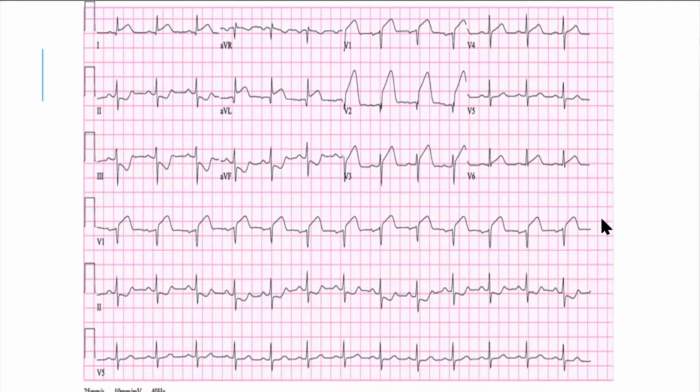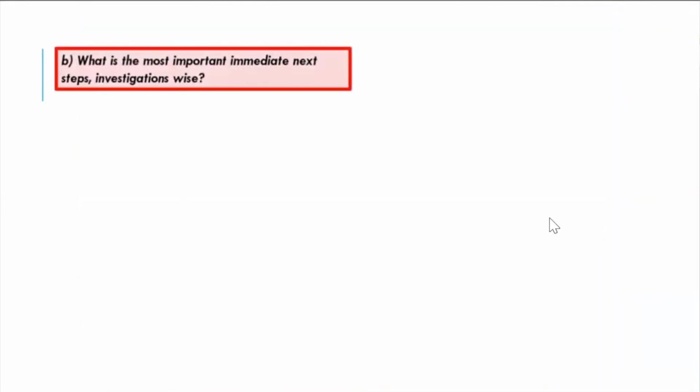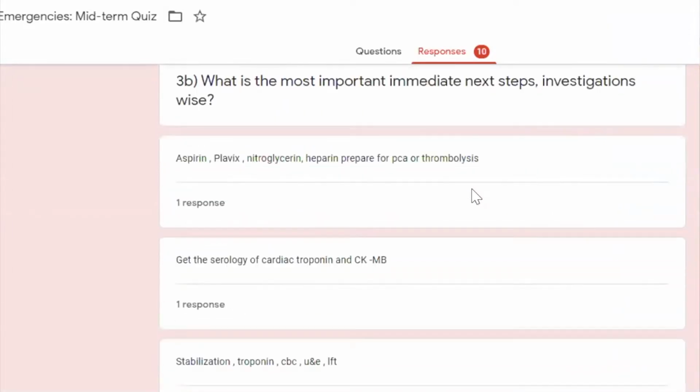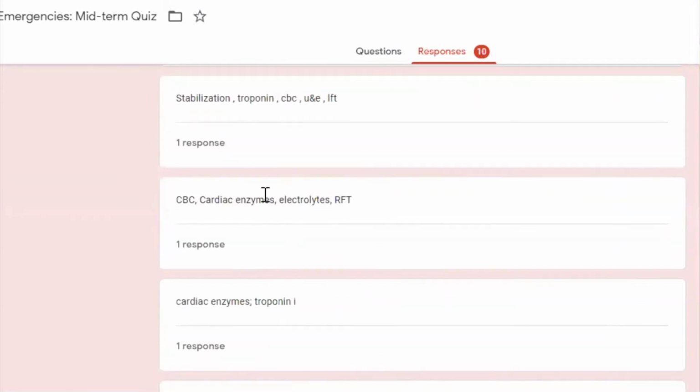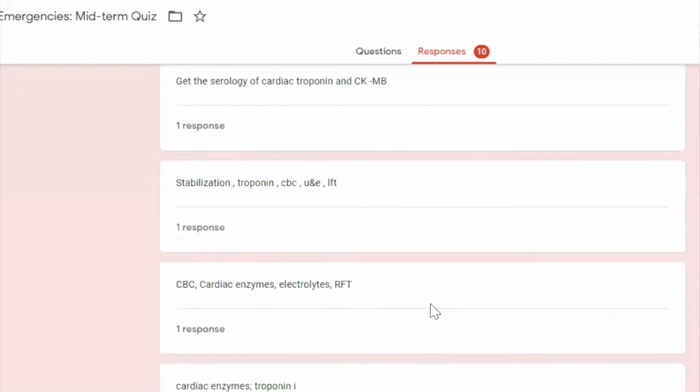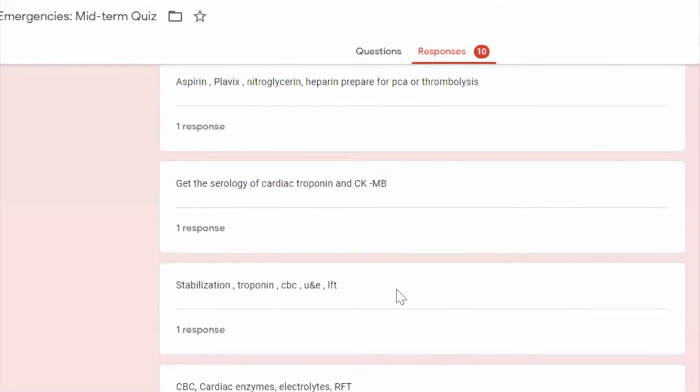So, next question was, what are the most important immediate next steps, investigation-wise, that you want to do? If we look at what we said, yes, the right things. This is probably my fault for not wording it very clearly, but you're saying the right things, absolutely.